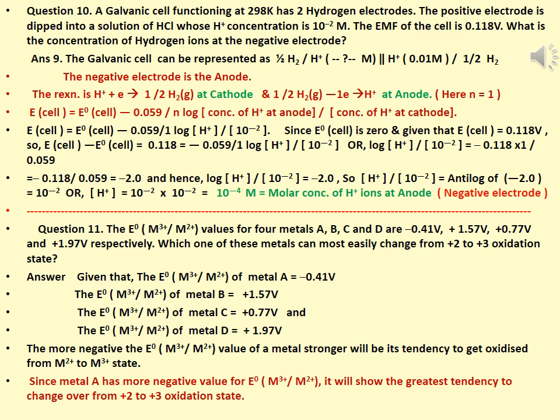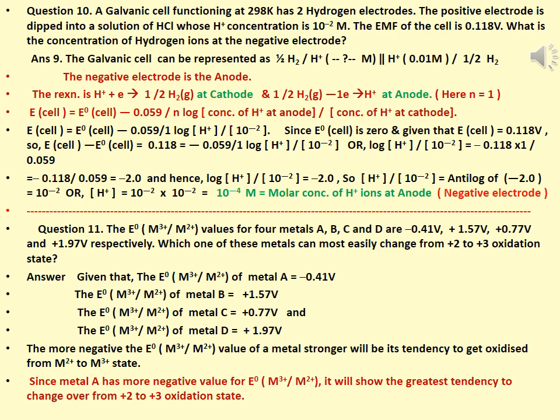The E naught values for 4 metals A, B, C and D are minus 0.41 volt, plus 1.57 volt, plus 0.77 volt and plus 1.97 volt respectively. Which one of these metals can most easily change from plus 2 to plus 3 oxidation state?